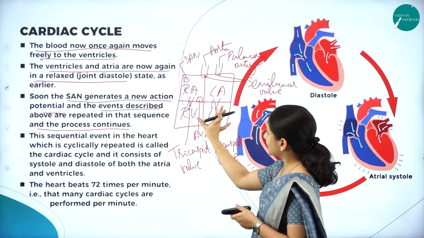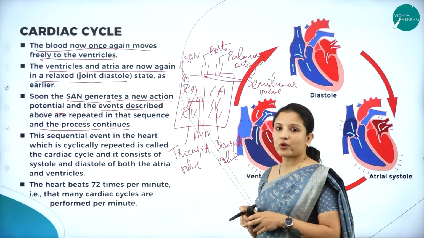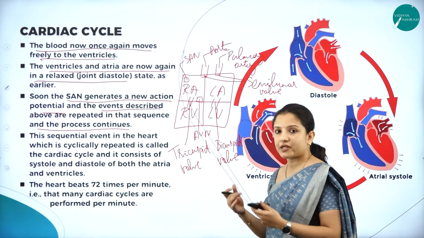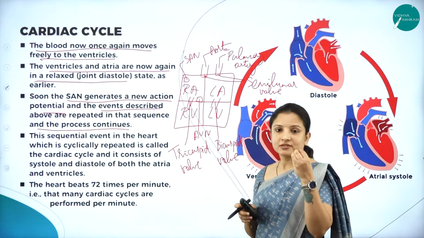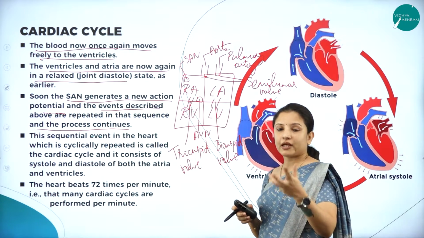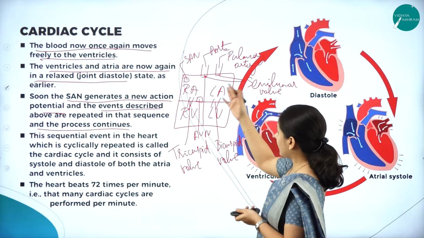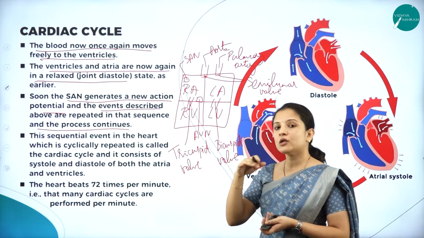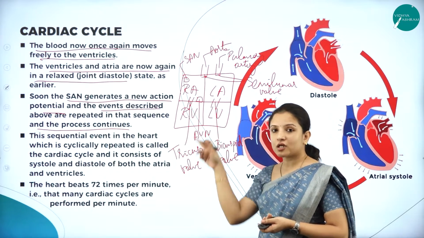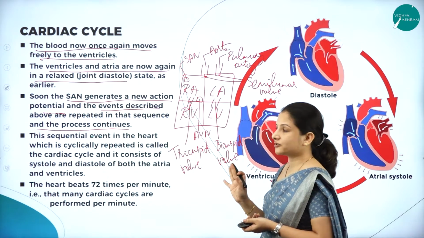Now the blood in the right ventricle and the left ventricle is creating a lot of pressure. That pressure will cause the semilunar valves present in the aorta and the pulmonary artery to open, therefore passing the blood into the circulatory pathway. So much we had understood, right?